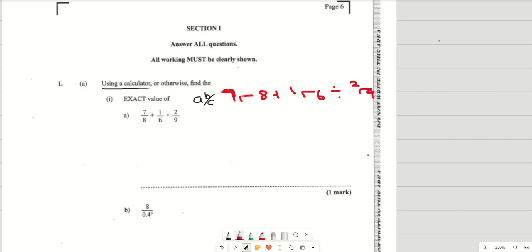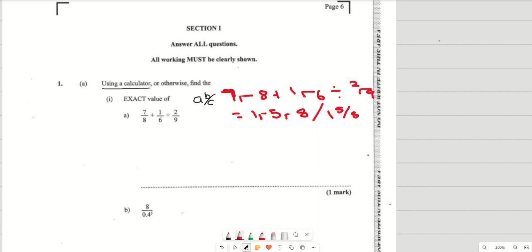And when you put this in your calculator, the answer you'll get is 13 over 8, which is 1 and 5 over 8. All right, this would be your answer.